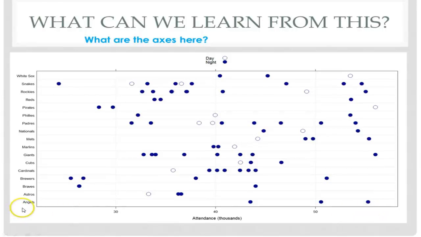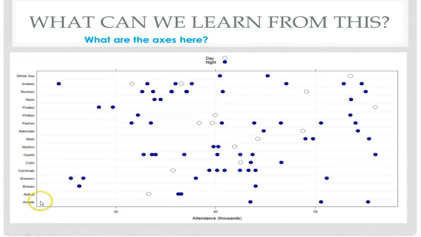Maybe look at the Angels compared to the... I don't know. Okay, how about the Angels compared to the Marlins?